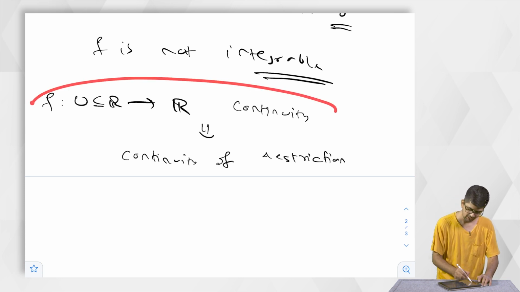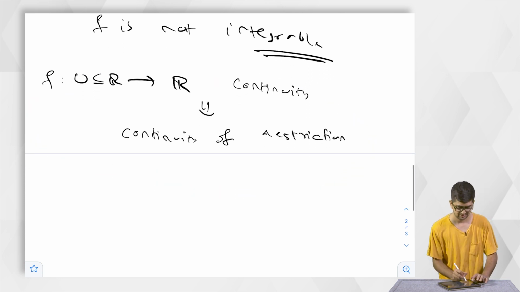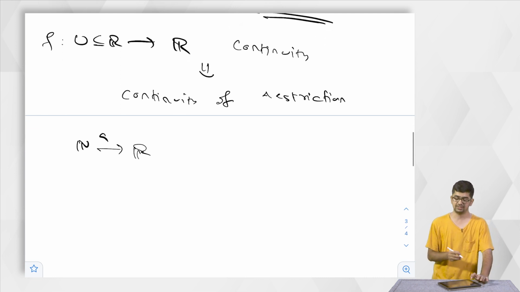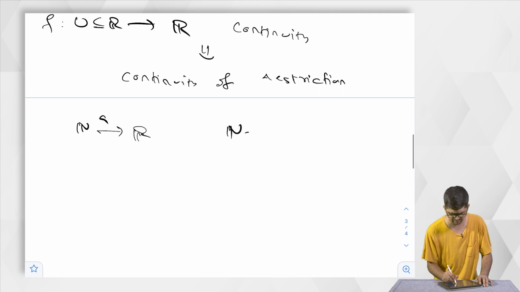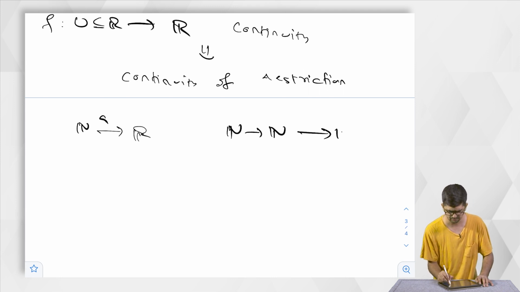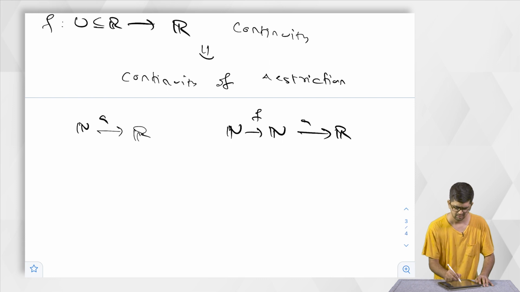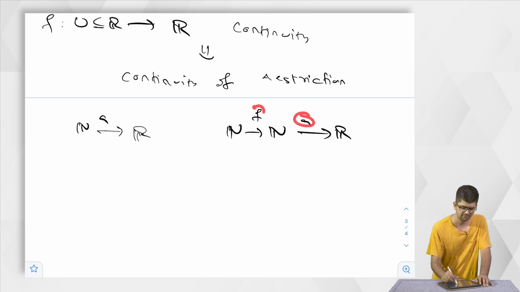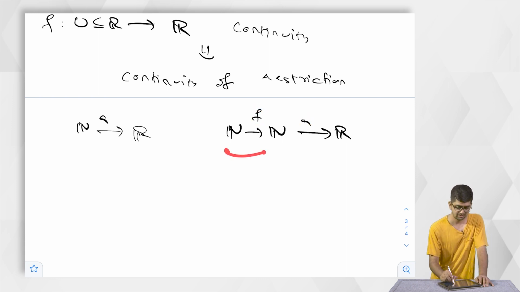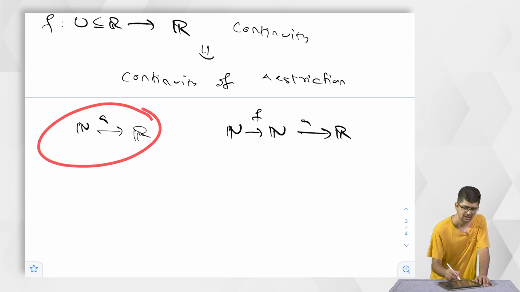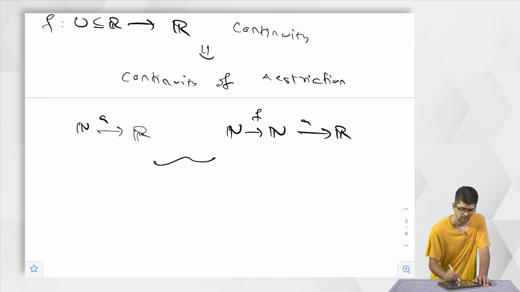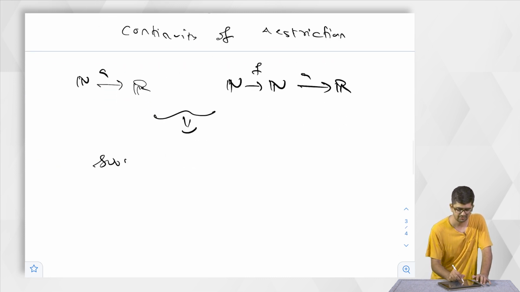Maybe much before that, you can take any sequence, say a from N to R, and if you take a subsequence, what is a subsequence? It is just the composition of a with some map f from N to N. If you take a composed with f, then this is a subsequence. f has to be nice, of course. Then if I know a is convergent, then this is convergent. So a subsequence is behaving nicely, it preserves convergence.